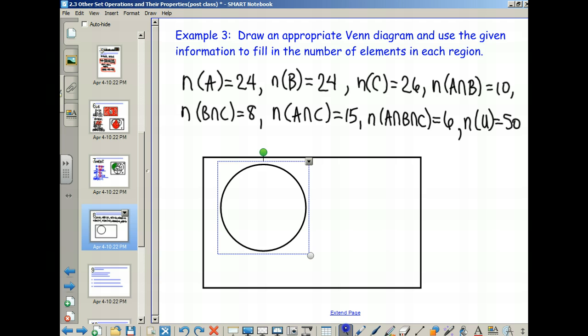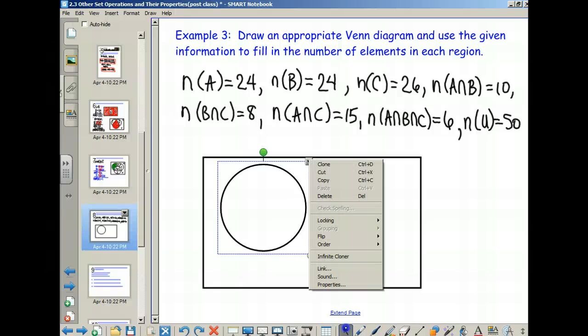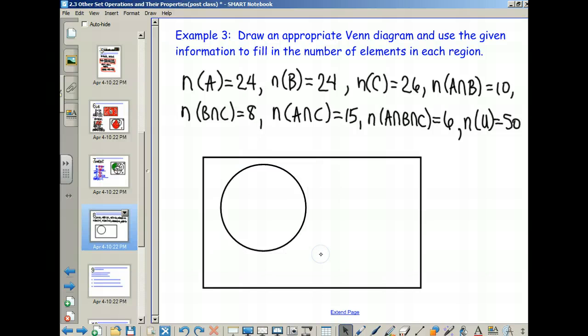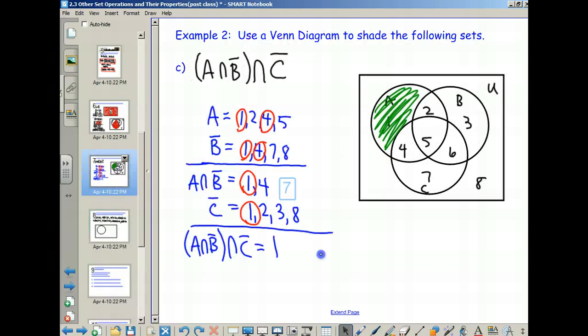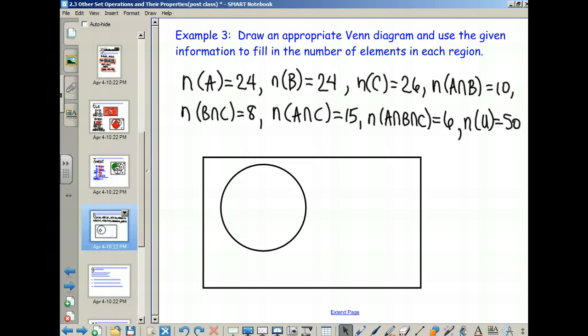I showed you how to do cloning last time or the time before, right? Let me show you how to do infinite cloner, because this one's fun too. We're going to click on this one on the right hand side, and click infinite cloner. Has anybody seen this before? It's got a little infinity up here.